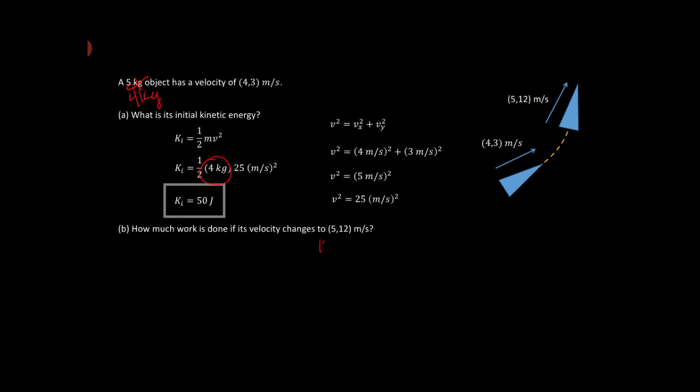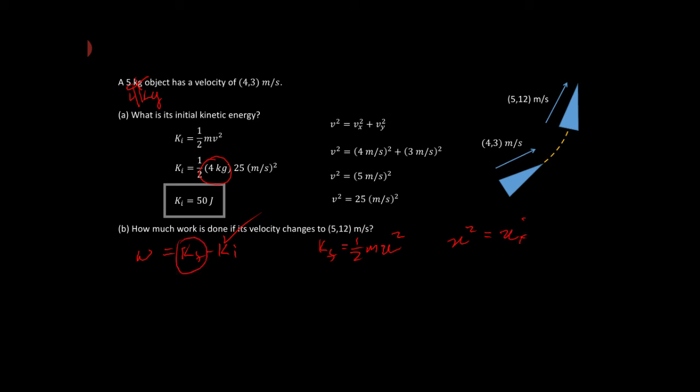Okay, so Kf is equal to 1/2 m u squared, the speed after the turn. We have to explain that we want to use the work-kinetic energy theorem, which is that the work is the change in the kinetic energy, Kf minus Ki. We already have Ki, so we want to find Kf, and that's what I'm doing here.